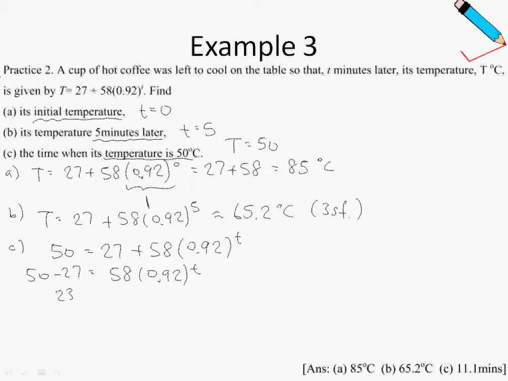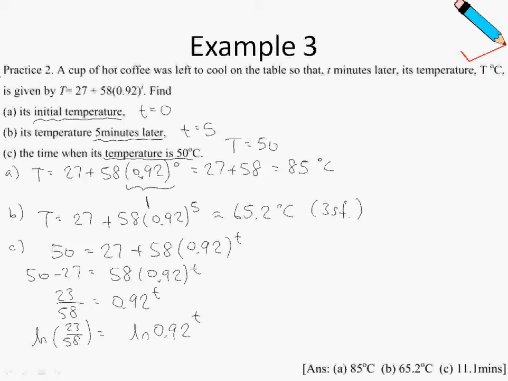I'm going to do something concurrently. I'm going to divide the 58 on the right side of the equation over to the left. So this will give me this. To solve for t, I will take ln on both sides of the equation. So ln of 23 over 58 equals ln of 0.92 to the power of t.